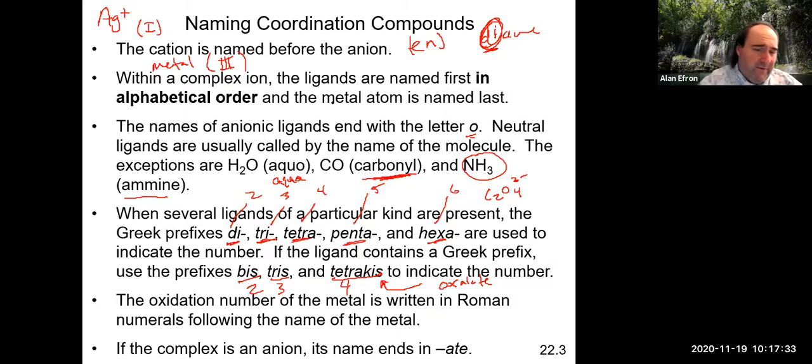Also, another weird thing that happens with coordination compounds is you could actually end up with a metal that has an oxidation state of 0. Kind of no charge. And oddly, we usually use not really a Roman numeral, I guess, but you would still put the 0 in parentheses.